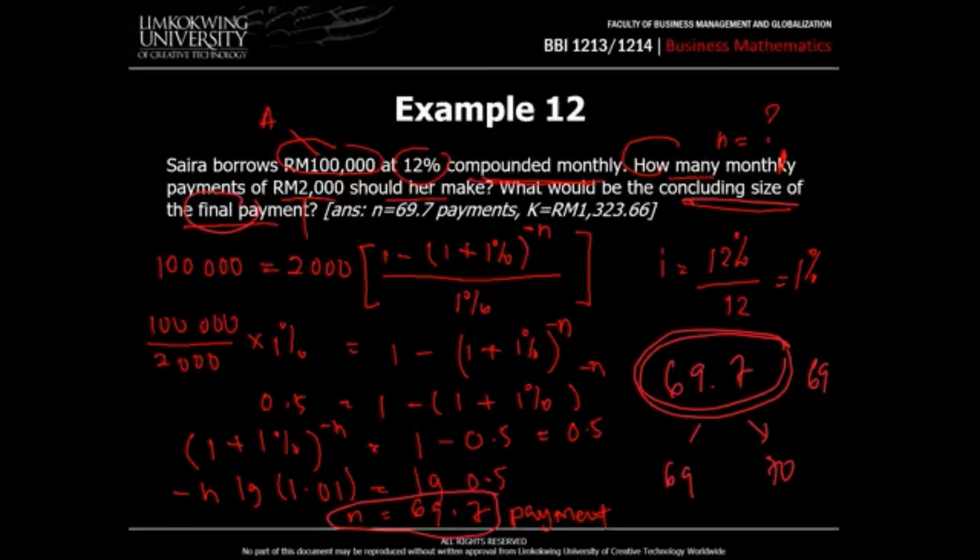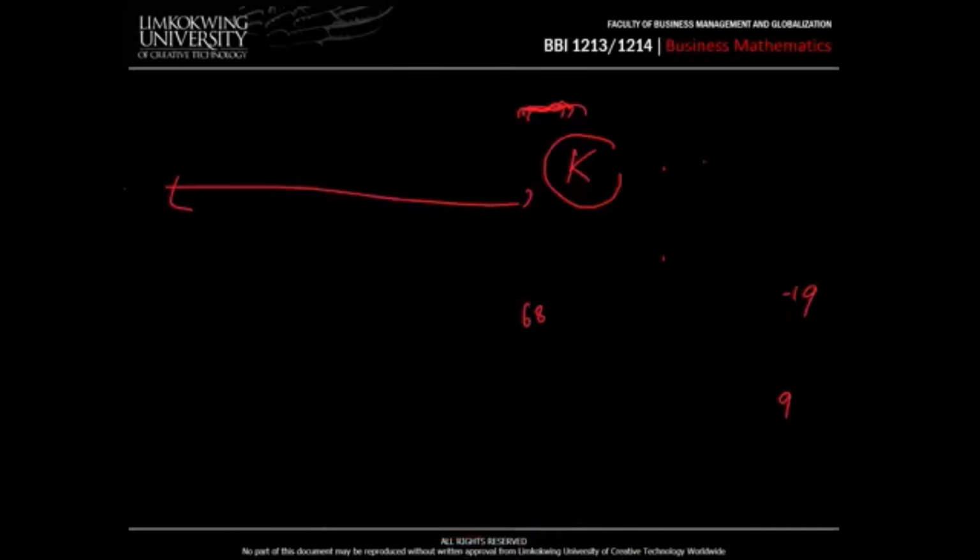So right now, what would be the concluding size of the final payment? So she makes 69.7 payments, that is, 69 payments of 2,000 and one concluding payment of more than 2,000 or less.